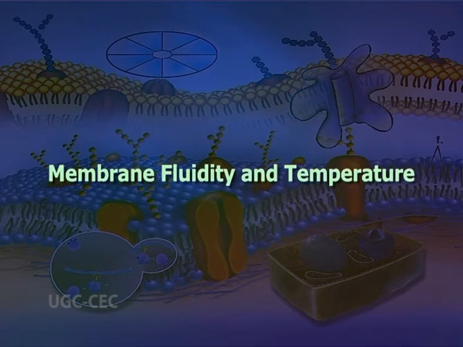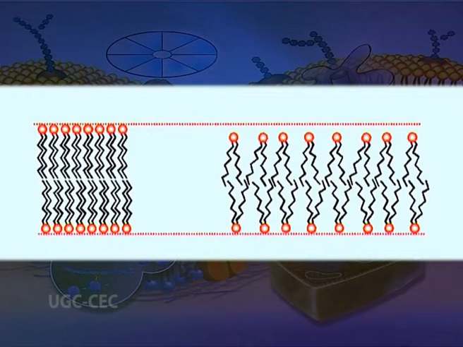Moving ahead, we discuss membrane fluidity and temperature. The physical state of the lipid of a membrane is best described by its fluidity, that is, its viscosity. As with other substances, lipids can exist in a solid phase or in a liquid phase of varying viscosity depending on the temperature.